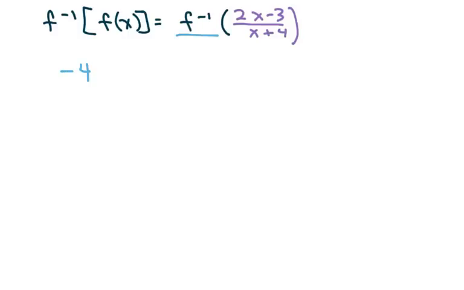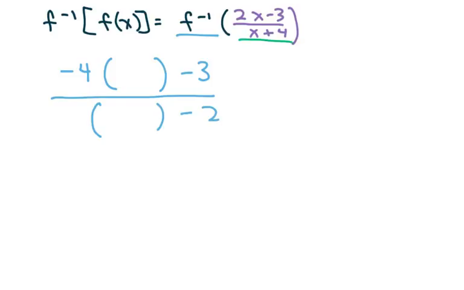It's my outer function. Everywhere there's an x, I'm just going to leave parentheses. And I have x minus 2, and I'm inputting my inner function. So that's going to be 2x minus 3 over x plus 4.